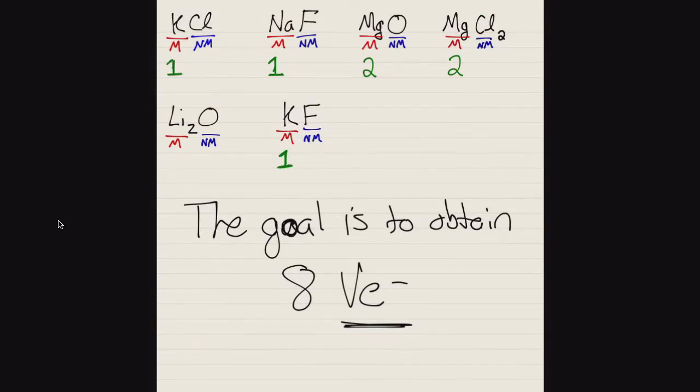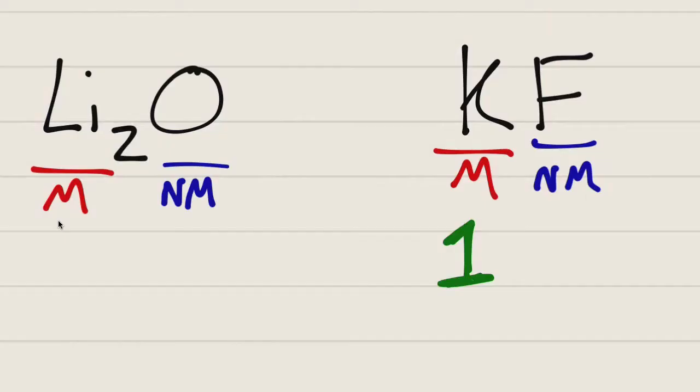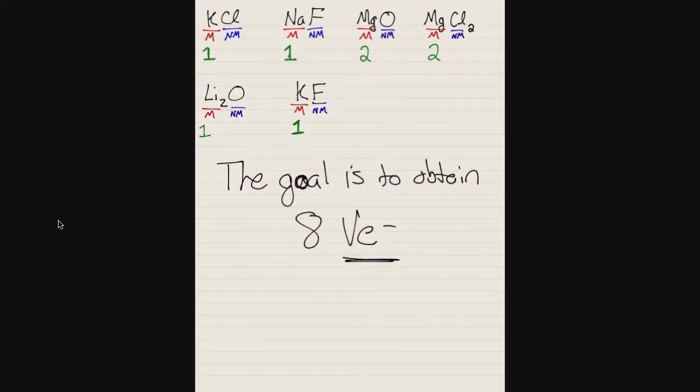Lithium has how many? 1. Lithium has 1. Okay. Now, are we counting the non-metals too?